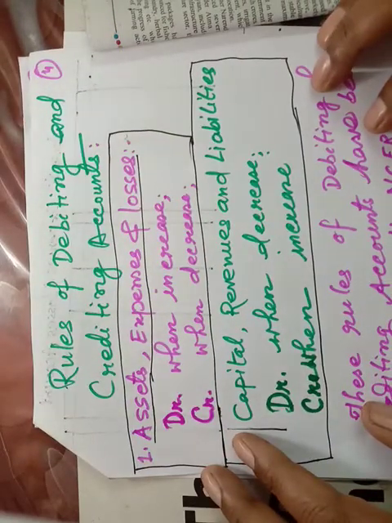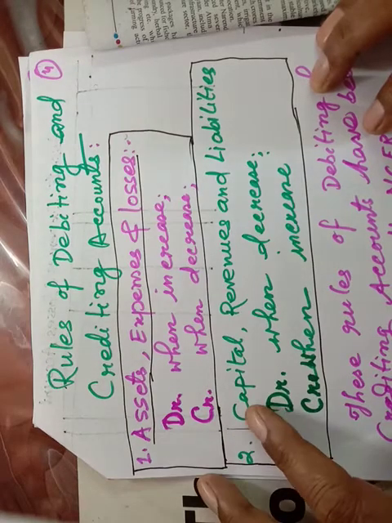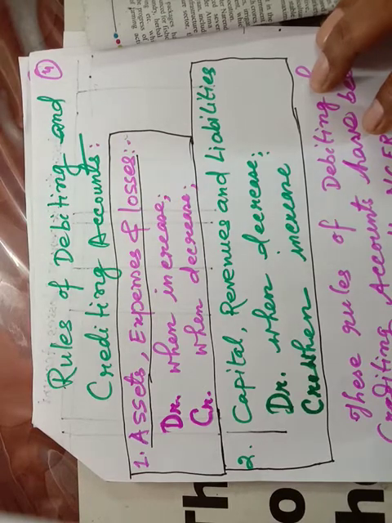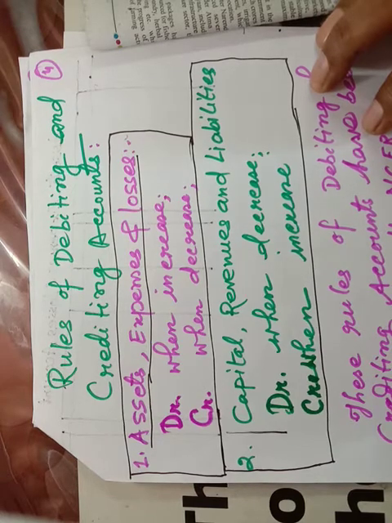Assets, expenses, losses: debit when increase, credit when decrease. This is the left hand side group involving use of money. And second, capital, revenues plus liabilities: debit when decrease, credit when increase, just the opposite. In case of the first, debit when increase, credit when decrease. So it is very easy to remember.